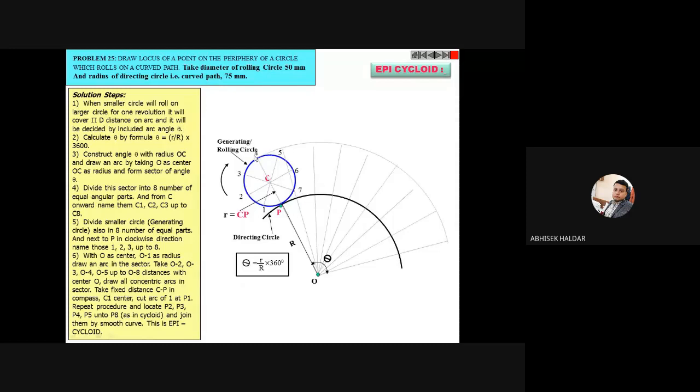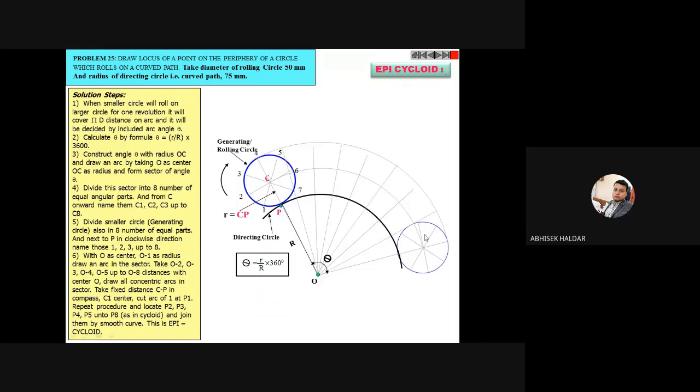Now whatever arcs you are drawing, complete that arc like this. From this point, center O, O to C will be my radius, and I will draw an arc like this.